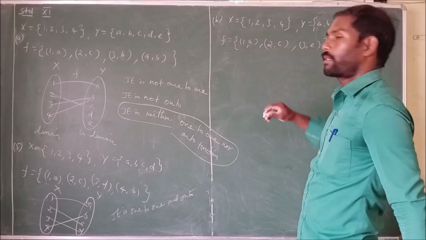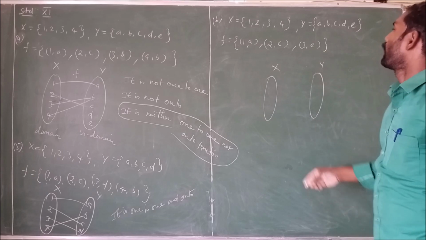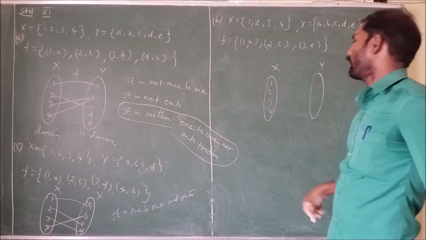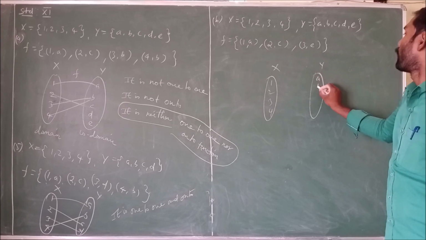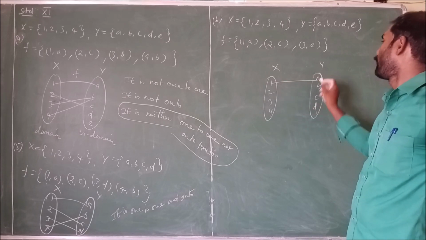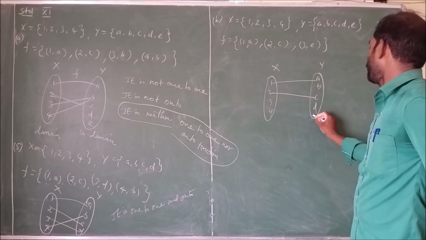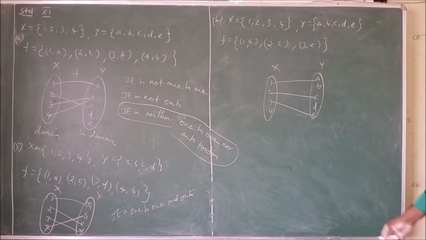Sixth one: X has elements 1, 2, 3, 4 and Y has elements A, B, C, D. F maps 1 to A, 2 to C, 3 to E. Is it a function or not?